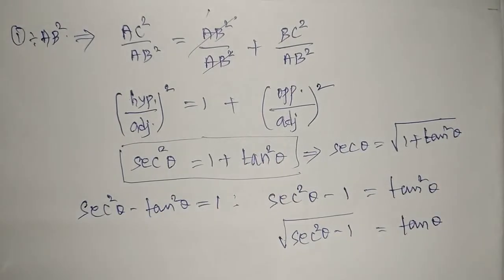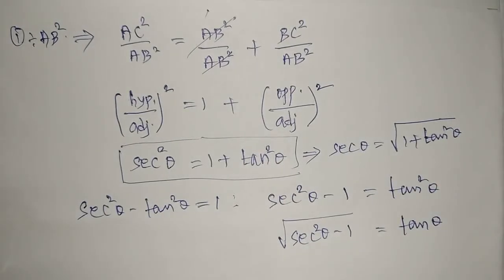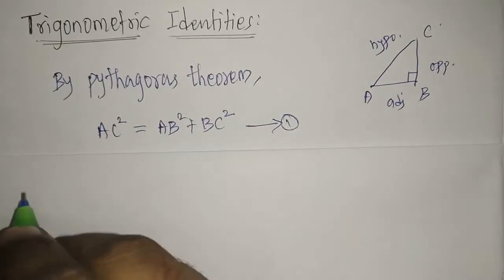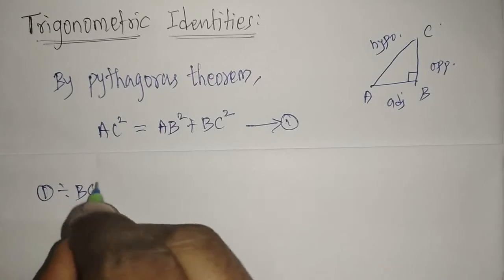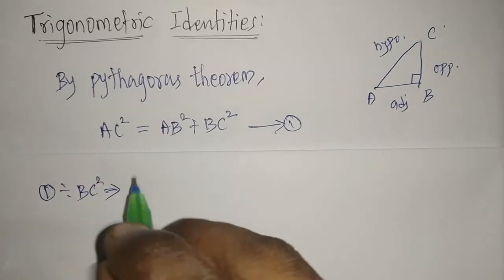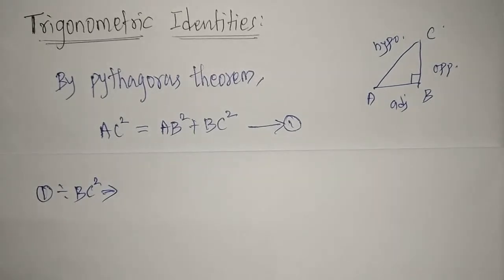Okay, now another one, let's go. Same equation number 1, but I'm going to divide by BC square. Now what will I get?